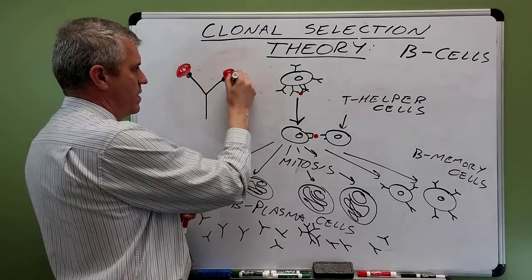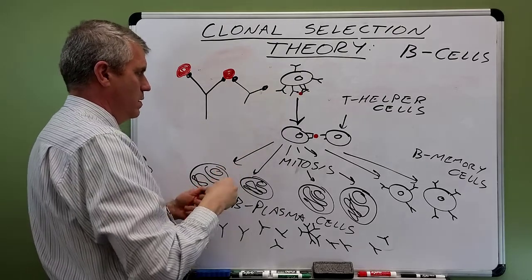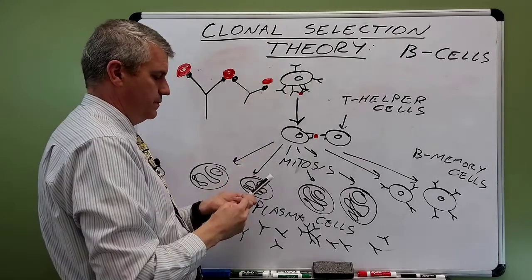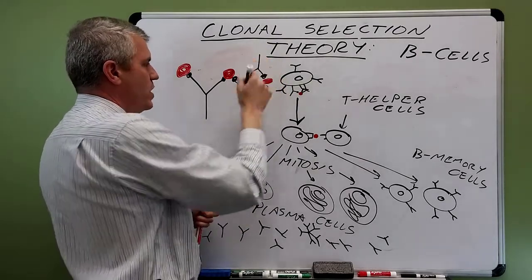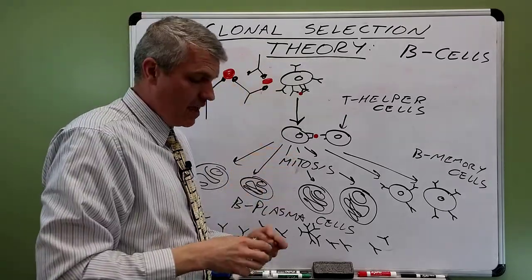Another antibody could bind to the same alien antigen, which can bind to another alien antigen, which can bind to another antibody. What you end up with is a clumping up of the alien antigen.